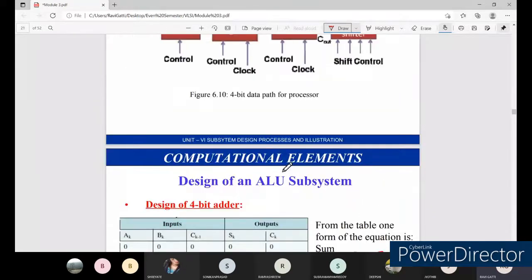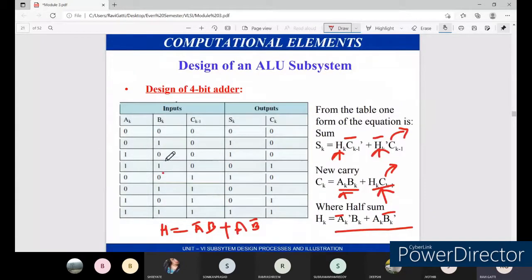You can see here, when A is equal to 1 and B is equal to 1, this is the condition you are getting. Your sum will be the previous value.